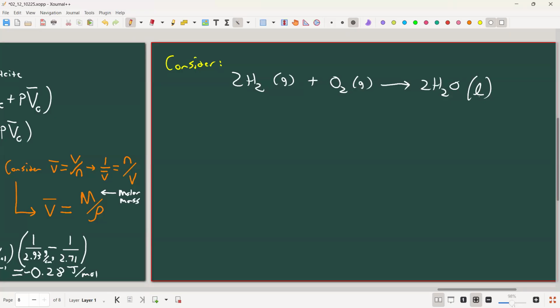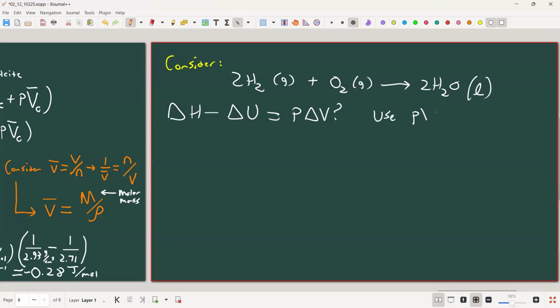The opposite direction. So let's ask the same question. What is delta H minus delta U, or P delta V? Well, we can make a simplification here. We have gases on the left-hand side, so we can use PV equals nRT.